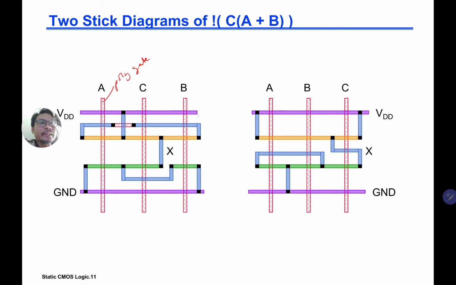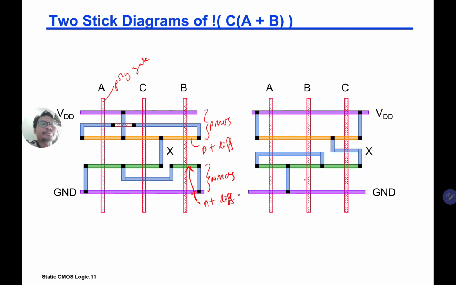Your transistor here is the PMOS, and down here is your NMOS. For the PMOS you have the P plus diffusion, and here is your N plus.